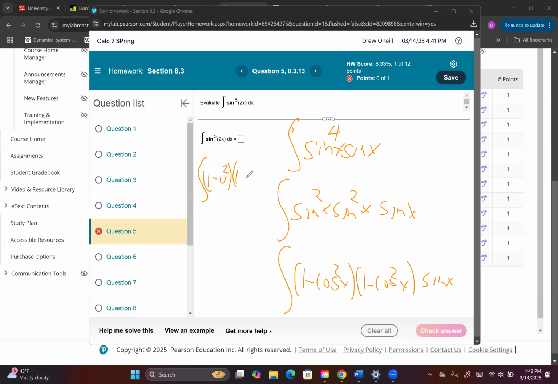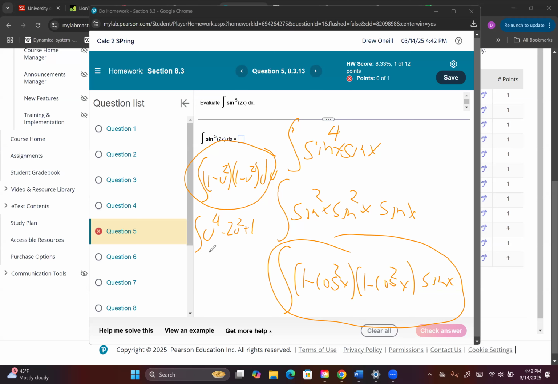So try to see this. Don't think, see it. Times du. Okay, this is what we have here. And if you FOIL that out, you would get some integral that looks like this. And we can integrate that.